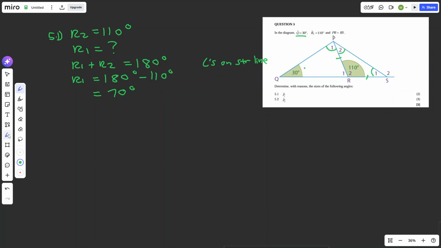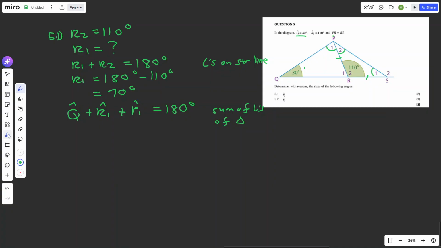Now, since we have this angle, we can then proceed to finding P1. In the next step, you're going to take angle Q plus angle R1 plus angle P1, and then you sum them all to 180. The reason here you can say: sum of angles of a triangle.